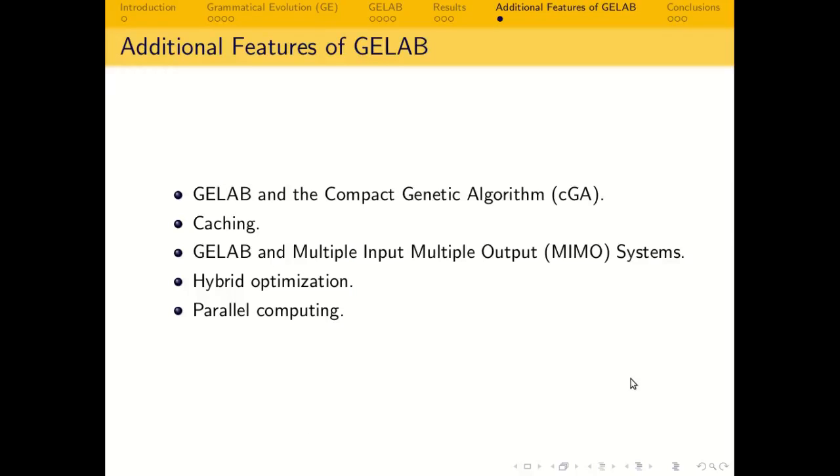And additional features of GELAB, there are quite a lot of things that have improved since our writing of this paper. For instance, GELAB has been integrated with compact genetic algorithm.